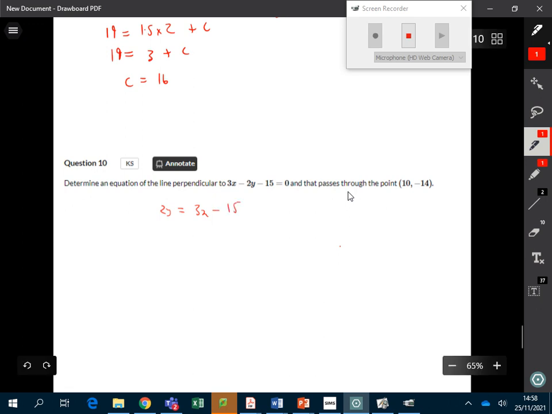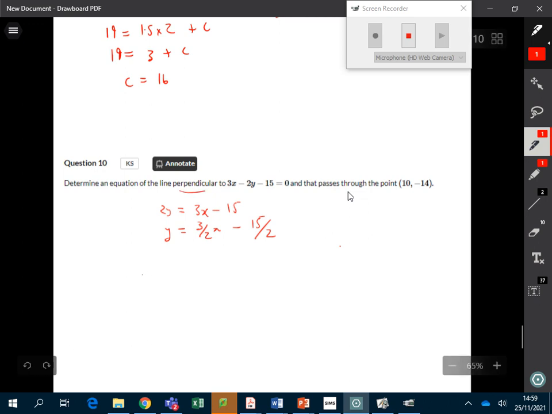I've just added 2y to this side, and then I've changed the sides around. Then divide by 2, y is equal to 3 over 2 x minus 15 over 2. So our gradient of this line is 3 over 2.